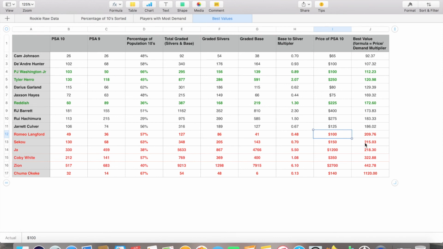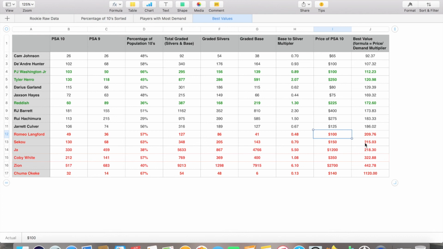I'm big on both Ja and Zion, but I think so much is already being priced in. I do expect their prices to come down during the offseason when their teams are out of the playoffs, and more and more graded cards get into the population.